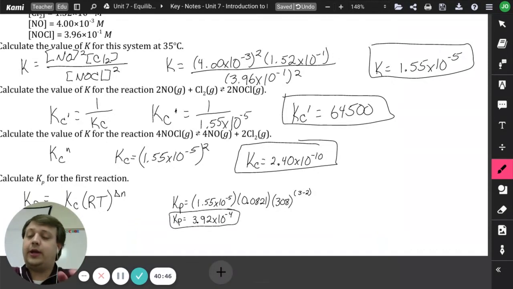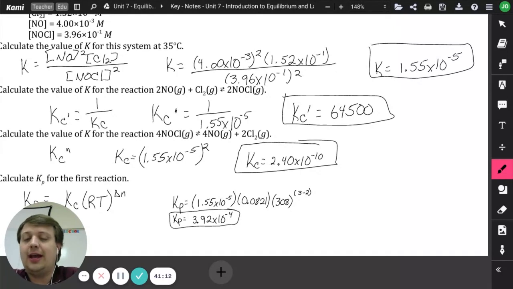All right, y'all. So here is what you should have ended up with. When you calculated the value of K for this system at 35 degrees Celsius, you should have found your K to equal 1.55 times 10 to the negative 5. When you solve for K when your reaction flipped, you would do 1 over your K value, which would give you your Kc of the reverse reaction equal to 64,500.